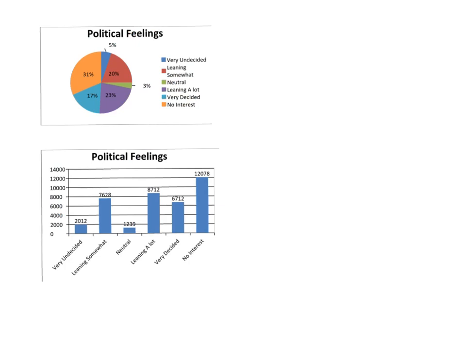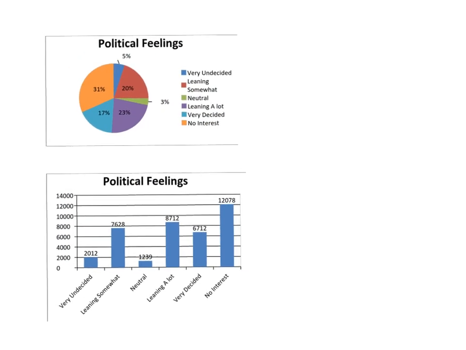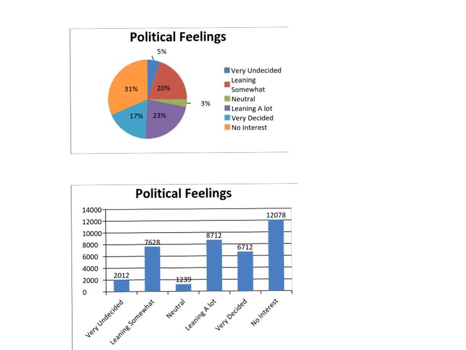Now, most people have seen a bar and a pie chart, so I'm not going to go into too much detail. But here is a bar and a pie chart that I made on Google Sheets that represents this distribution. This is the political feelings pie chart, and each slice represents a proportional amount of the percentages of each category.